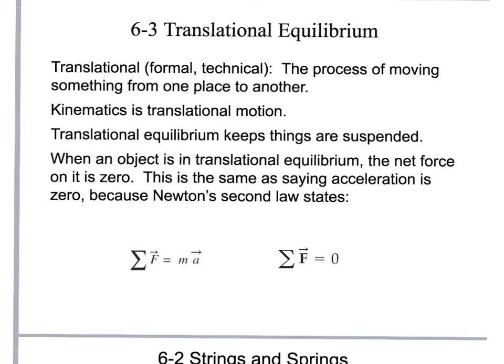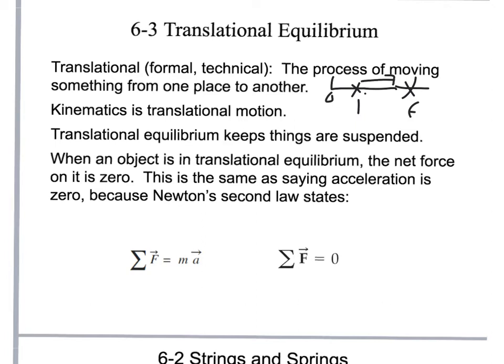So translational equilibrium is our next topic. Translational, the formal definition, is the process of moving something from one place to another. That's what we are doing in kinematics. In chapters 1 to 4, we identified our coordinate system, and we put our initial position and our final position, and we moved from one place to another.